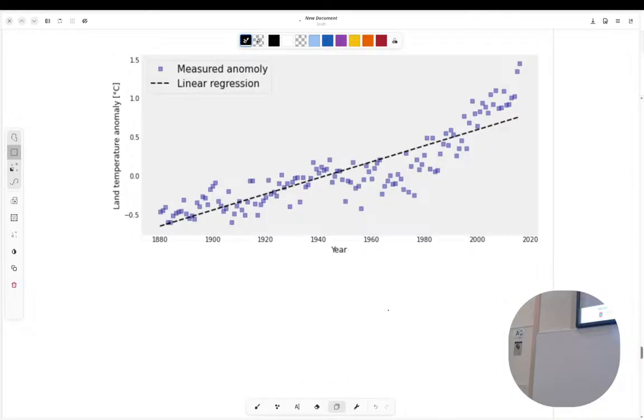Okay, so temperature and time are connected.